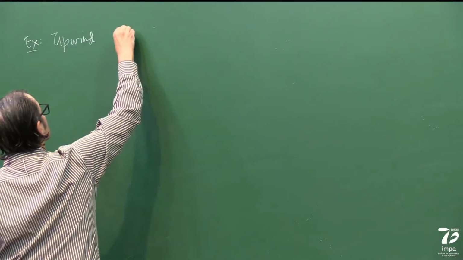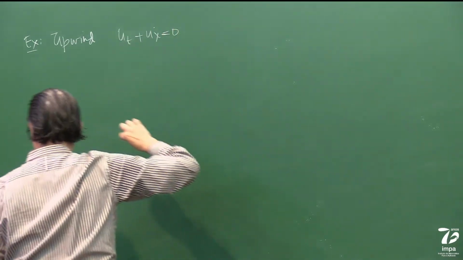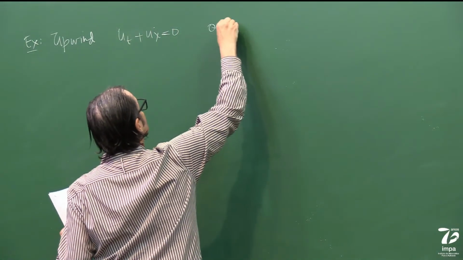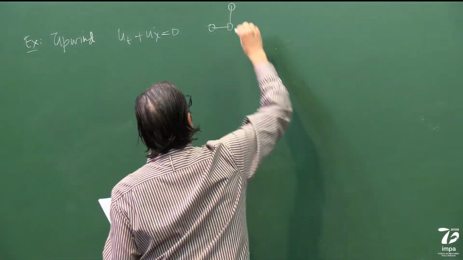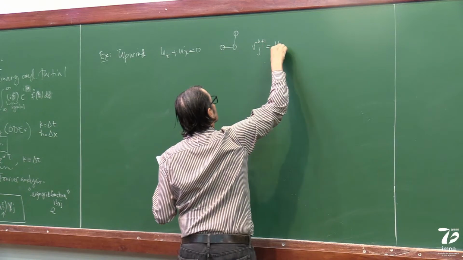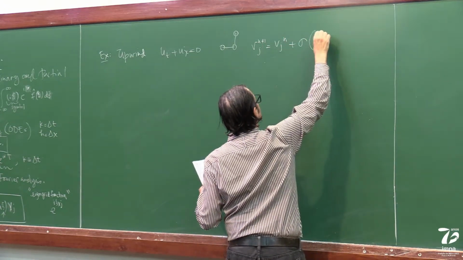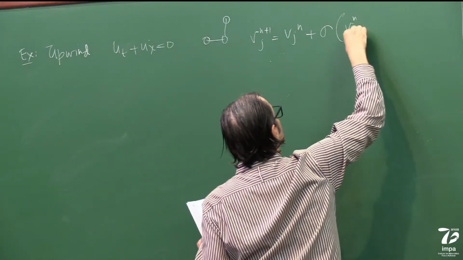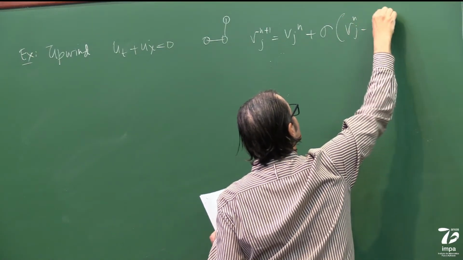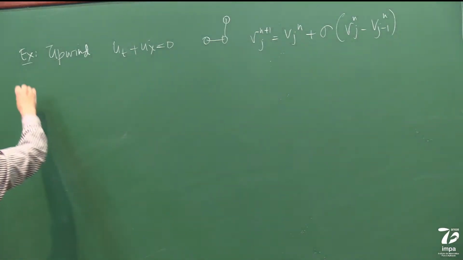Upwind for the wave equation, for the unidirectional wave equation. Okay. Here's the molecule, and here's the method, already with the Fourier, with the Courant number. Okay, let's do a Fourier analysis.